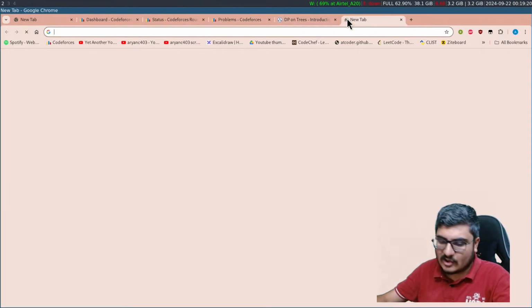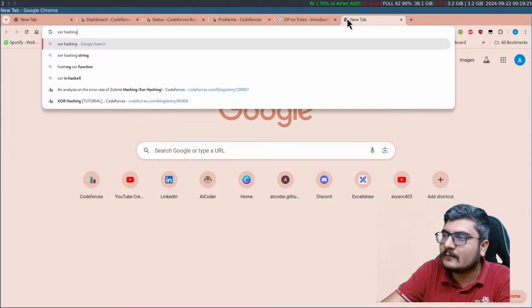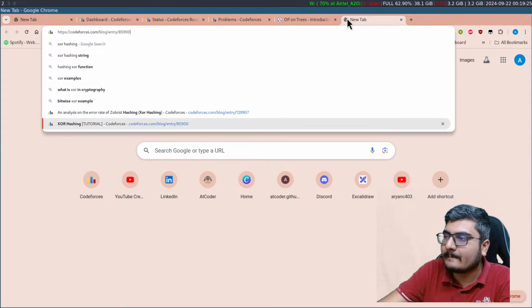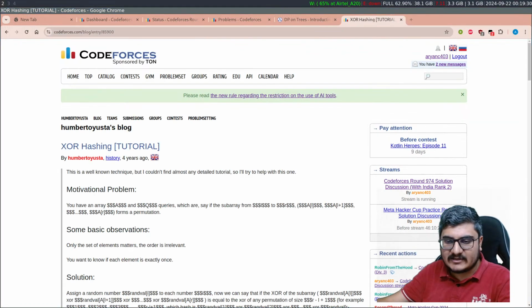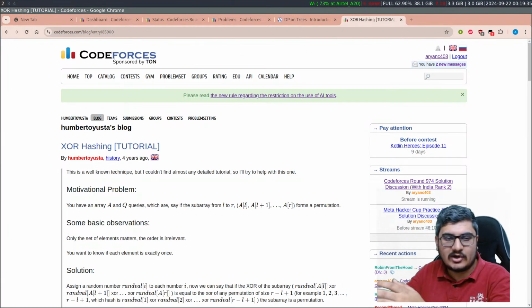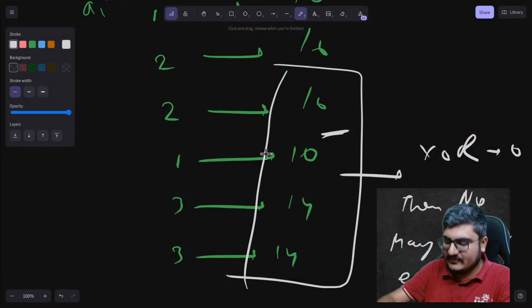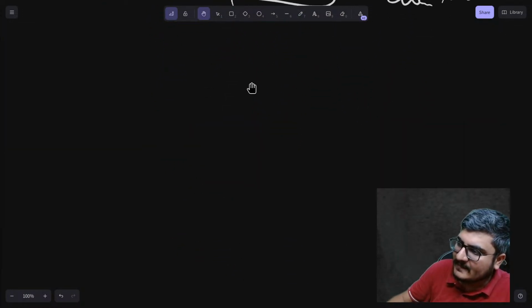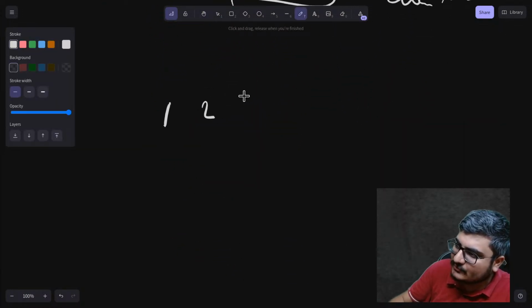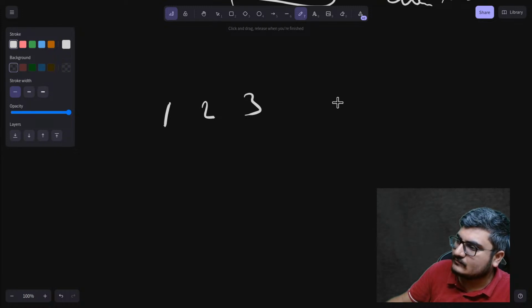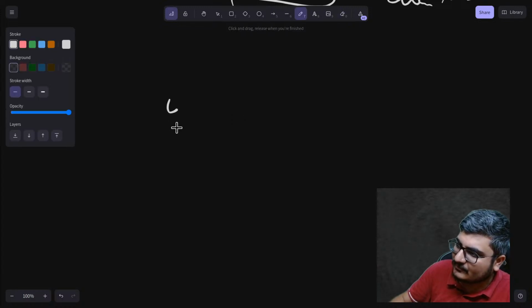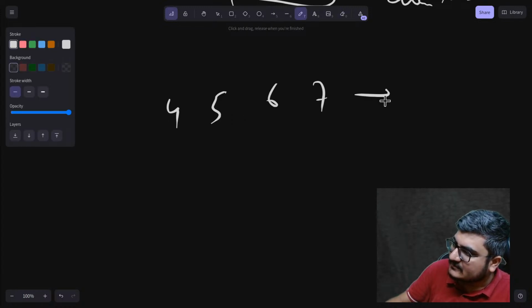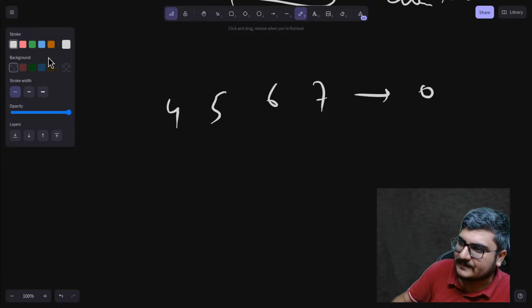Generally, this is known as XOR hashing. And this was essentially the solution. I think someone in the chat asked about taking the XOR of all the numbers. That doesn't really work. Because if your numbers are 1, 2, 3, 4, 5, 6, 7, this XOR is 0, but it's a losing position.